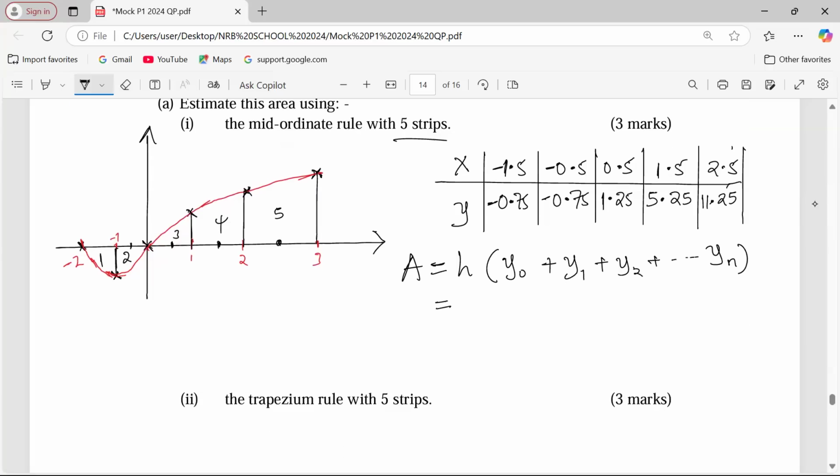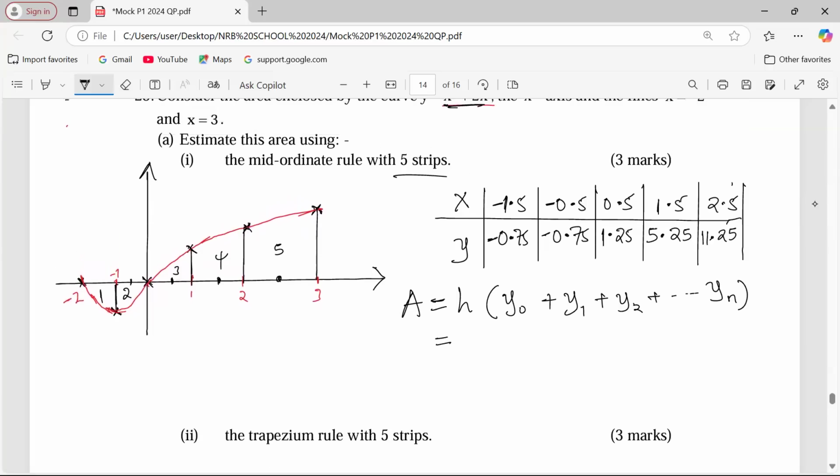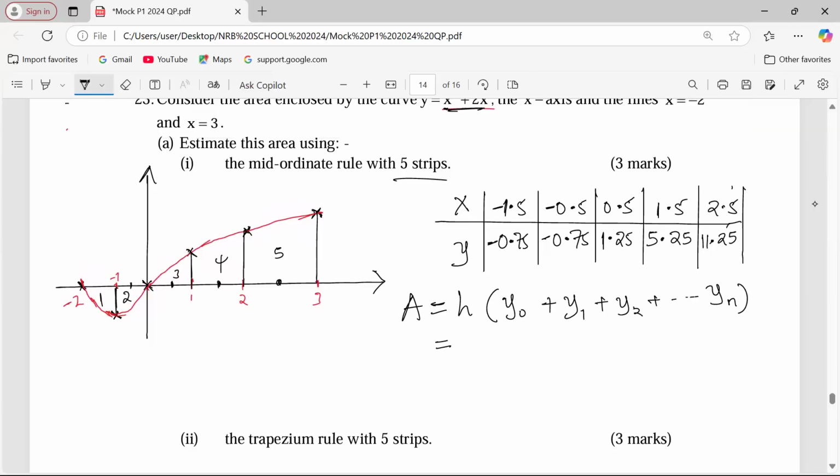So h is the uniform width of the strips, or from one mid-ordinate to the other, we are having only one unit. From negative 2 to negative 1, negative 1 to 0, that way. The intervals are just 1 unit. Then now the heights, as we have gotten them, we'll be adding.